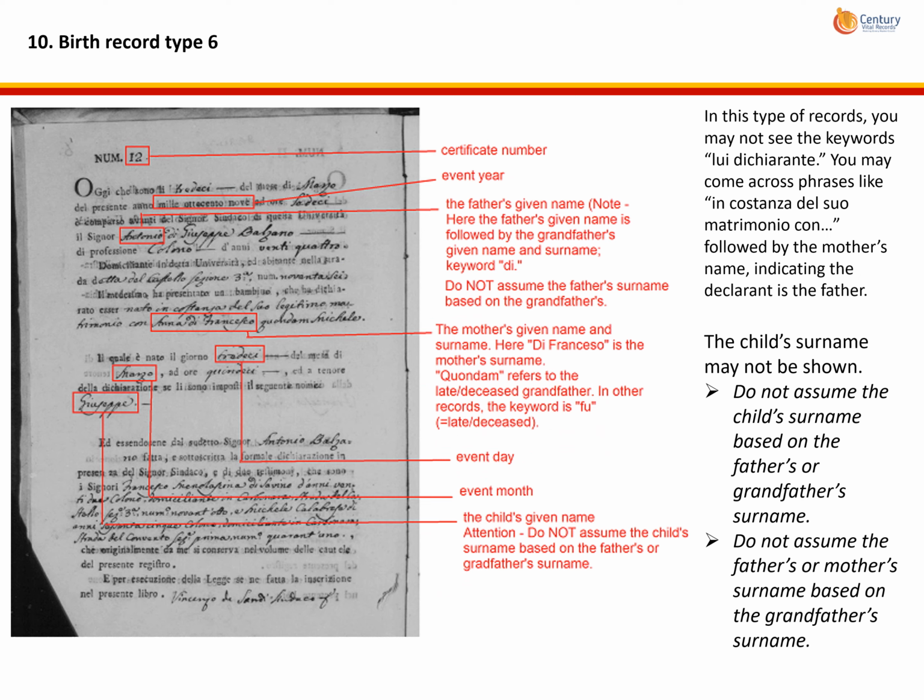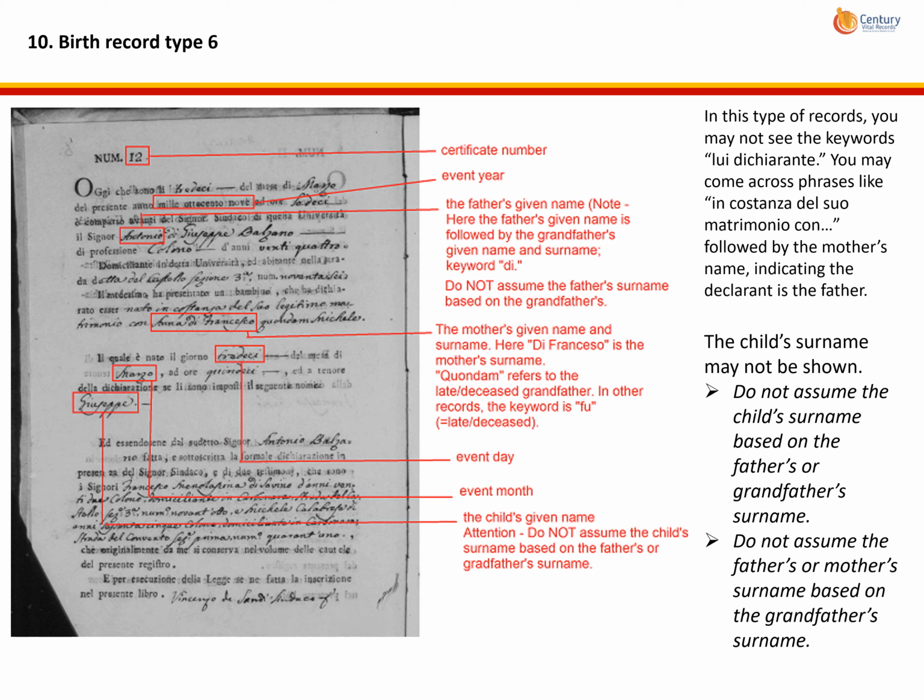In this image, you may notice that the father's surname is not shown. The father's given name is followed by the grandfather's given name and surname. Remember, you should not assume the father's surname based on the grandfather's.